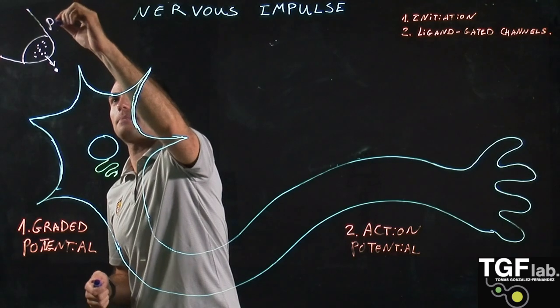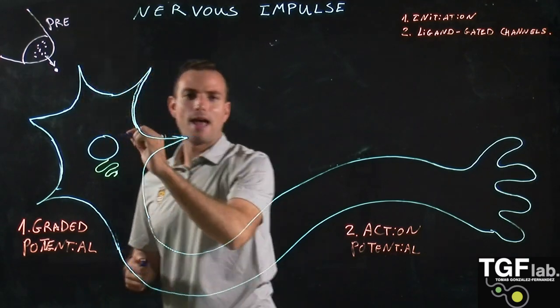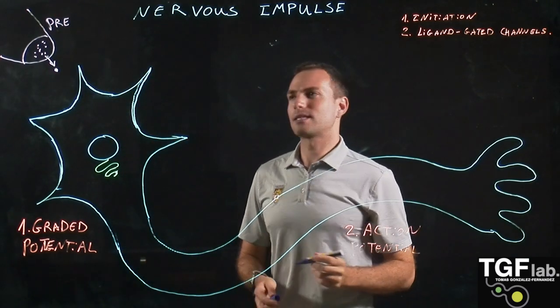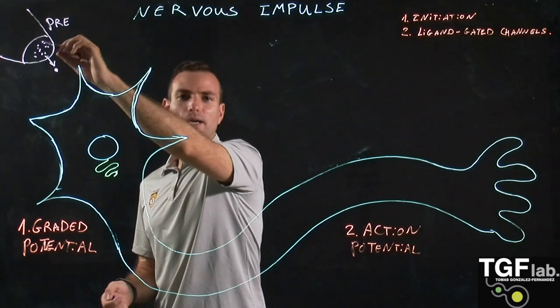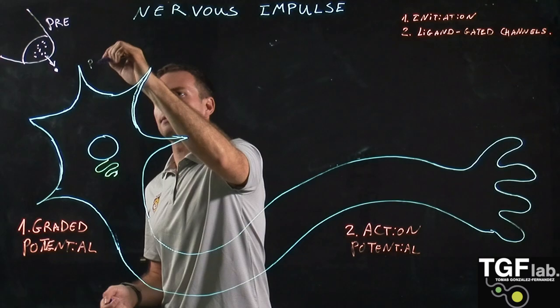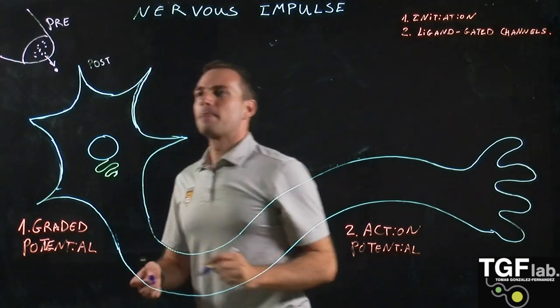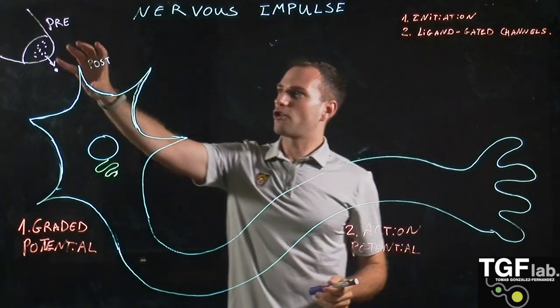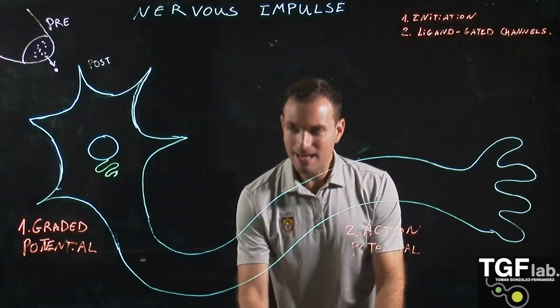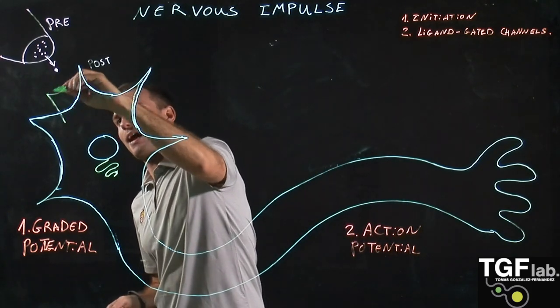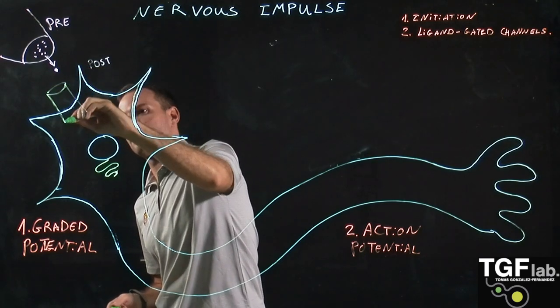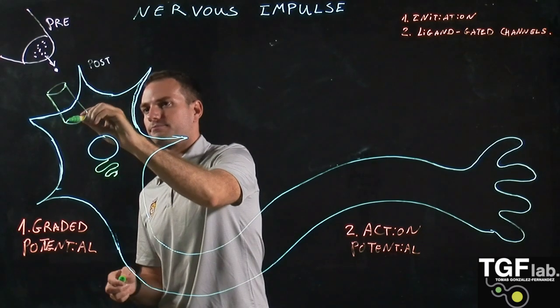We are going to look at all of this more in depth when we talk about chemical synapses, but it's good to start introducing the terms now. These neurotransmitters go from the pre to the post, and then they bind to these ligand-gated ion channels.